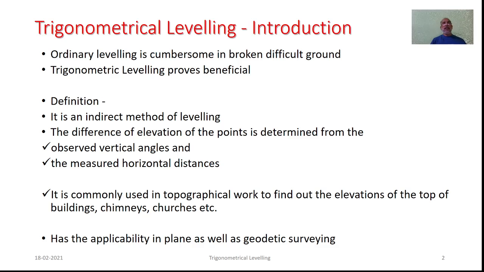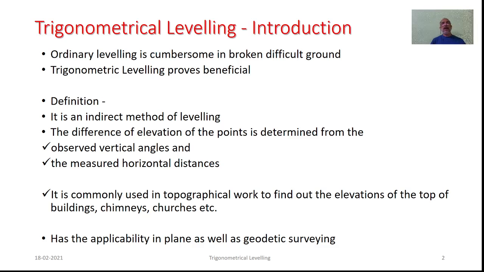Already you know about the ordinary leveling operation, in which we make use of a variety of levels in order to take the readings on the staff held vertically, which is usually 5 meters in length. But the major limitation there is we cannot have an inclined line of sight.